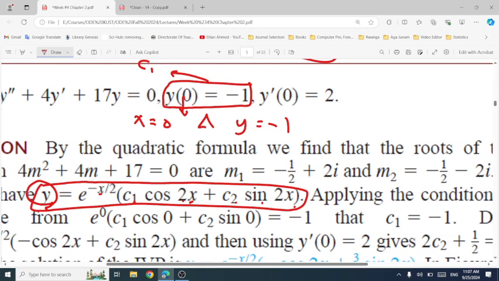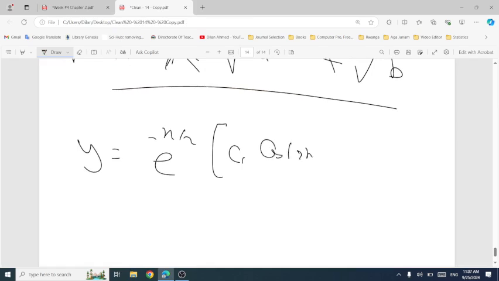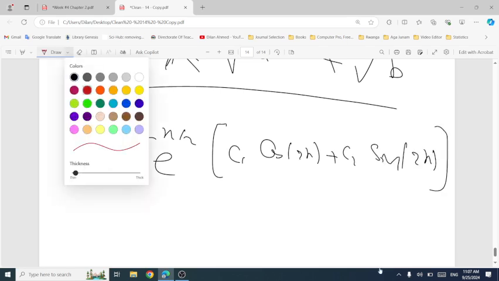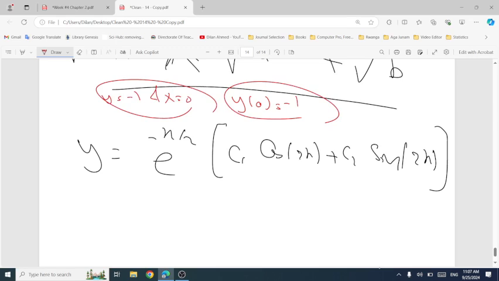Look, we have y equal to e to power minus x over 2, C1 cosine 2x plus C2 sine 2x. Am I right? And we have initial value. You say y of 0 equal to minus 1. So I say y is minus 1 and x equal to 0. So minus 1 for here. Do you agree with me for left side? Good.